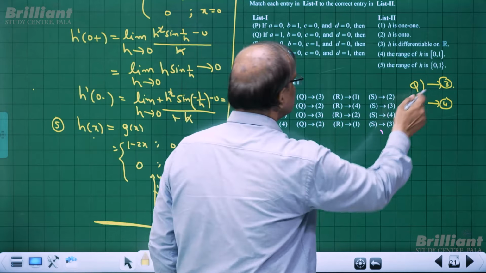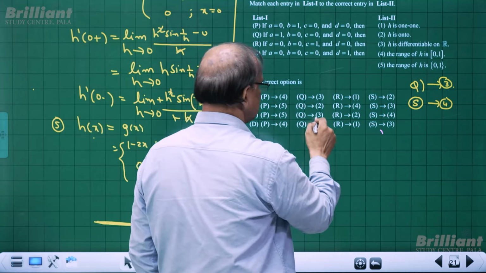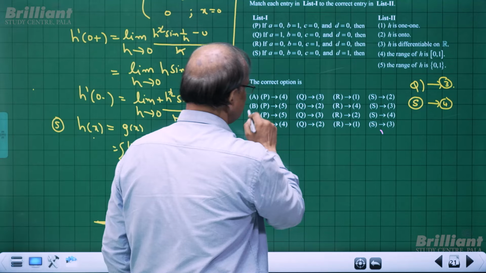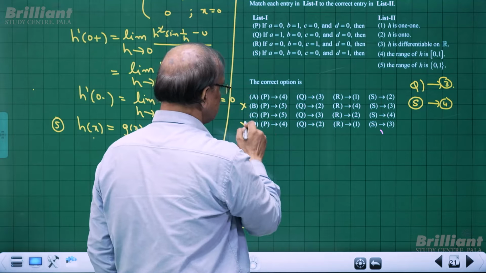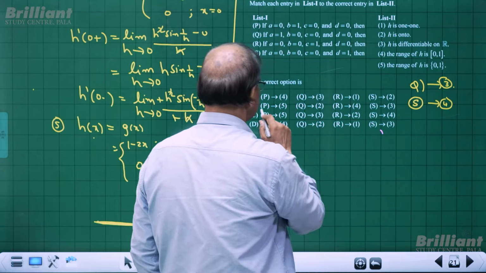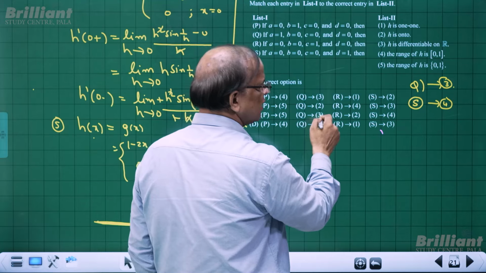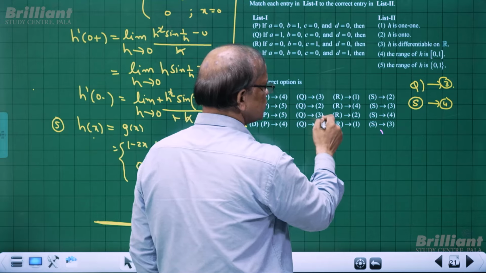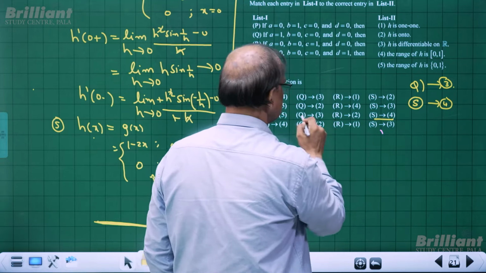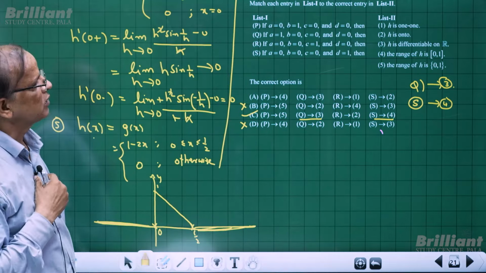Q3 is here, that is A and C, so B and D are ruled out. Q3 is in A and C, and S is 4, which is this. So, therefore, C. Okay, thank you.